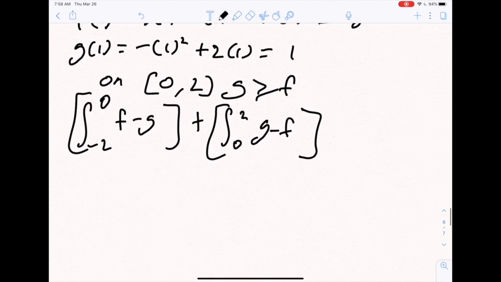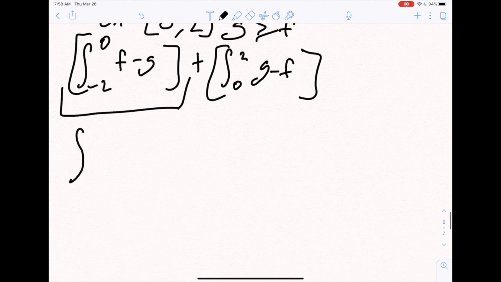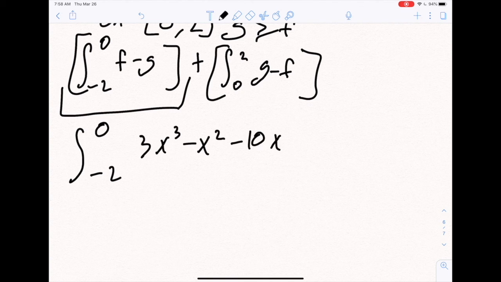And so, focusing on this integral right here, that'll give us the integral from minus 2 to 0 of f minus g. And remember, f was the function 3x cubed minus x squared minus 10x. And we're subtracting off the function g, which was minus x squared plus 2x dx.